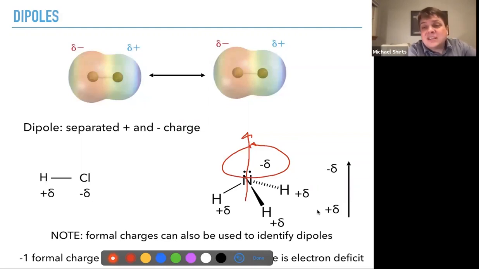So ammonia is also a polar molecule. Whereas something that's, for example, trigonal planar, if all the attached atoms are the same, will not have any real dipole. Formal charges, if you're interested, you can also look at the formal charges. That usually gives a hint at where the electron density is, as well as electronegativities.